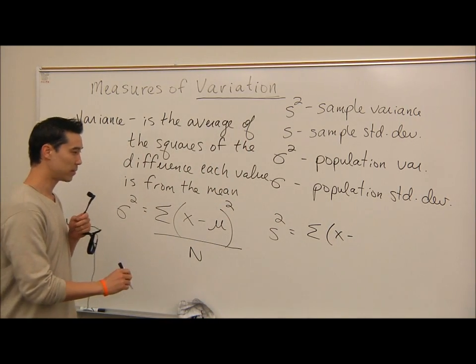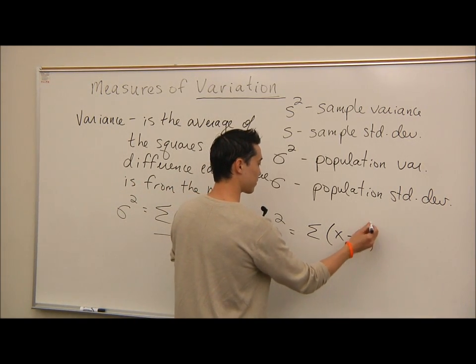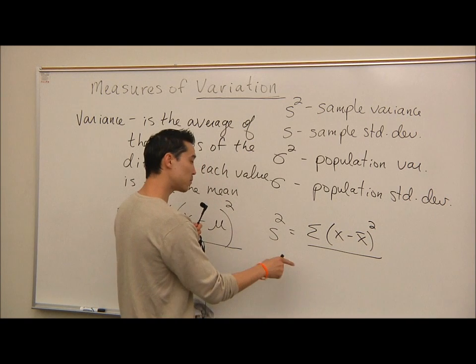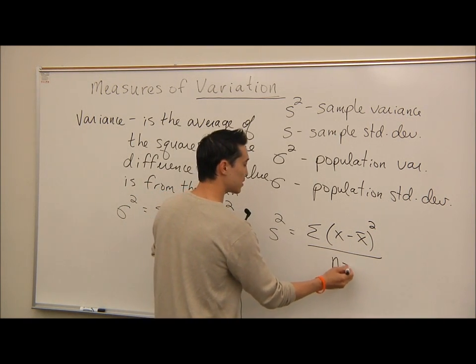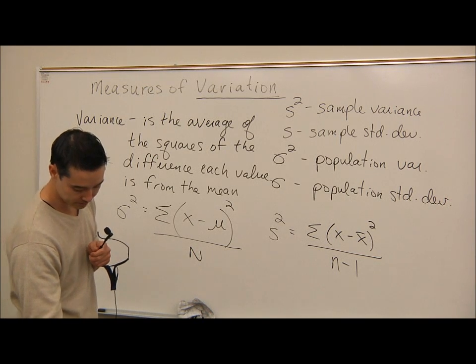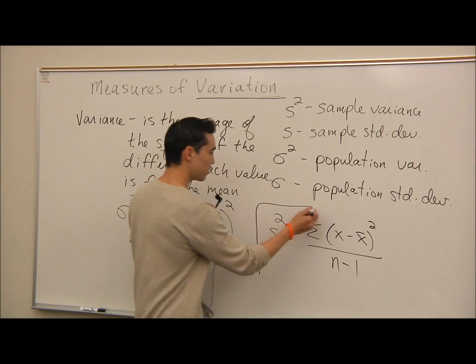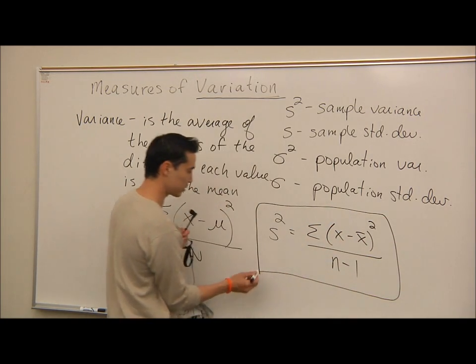It's not mu, it's what? X bar. And there's one small difference in the formula for a sample. Instead of the bottom being just n, it's n minus 1. So this is the formula that we're going to utilize because we're dealing with samples almost always.